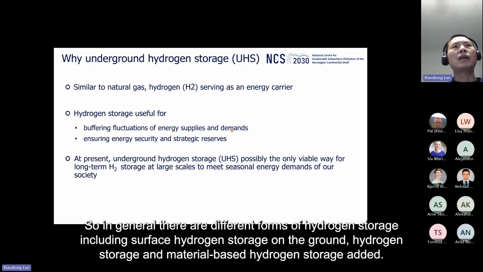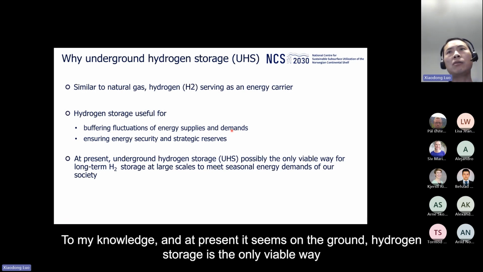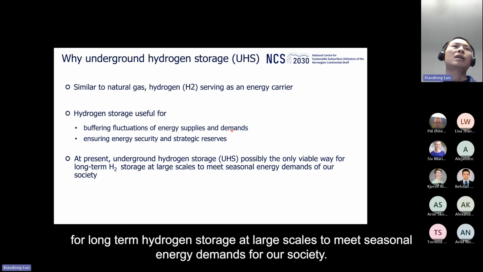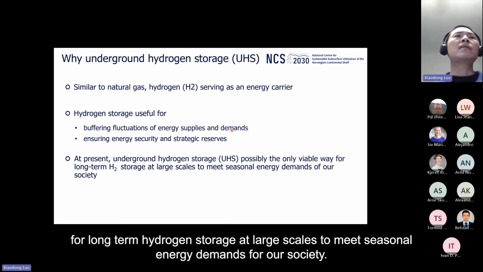There are different forms of hydrogen storage, including surface hydrogen storage, underground hydrogen storage, and material-based hydrogen storage. To my knowledge, at present, underground hydrogen storage seems to be the only viable way for long-term hydrogen storage at large scales to meet seasonal energy demands for our society.